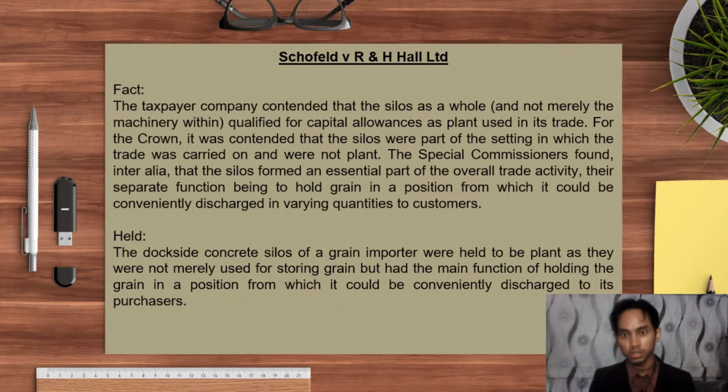The Special Commissioner found, inter alia, that the silos form an essential part of the overall trade activity, their separate function being to hold grain in a position from which it could be conveniently discharged in varying quantities to customers. So the dockside concrete silos of a grain importer were held to be plant as they were not merely used for storing grain, but had the main function of holding the grain in a position from which it could be conveniently discharged to its purchaser.